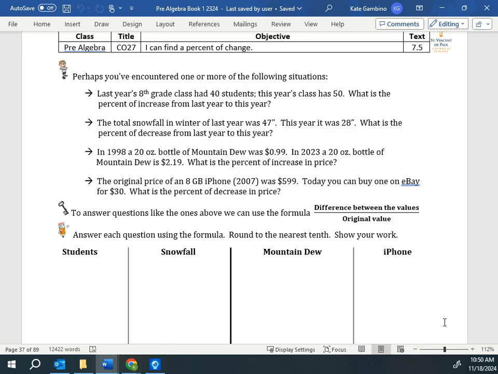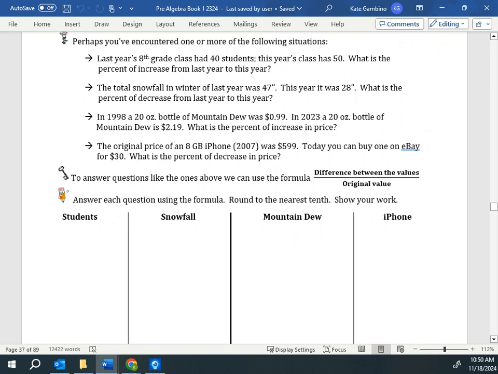So perhaps you've encountered one or more of the following situations. Let's say last year's 8th grade class had 40 students, and this year's class has 50. What is the percent of increase from last year to this year? Or maybe the total snowfall in winter of last year was 47 inches, and this year was 28 inches.